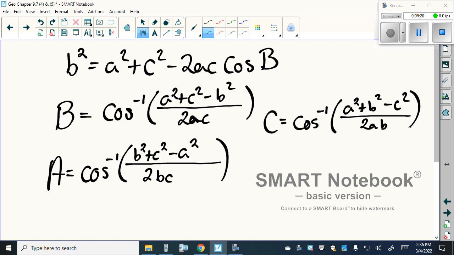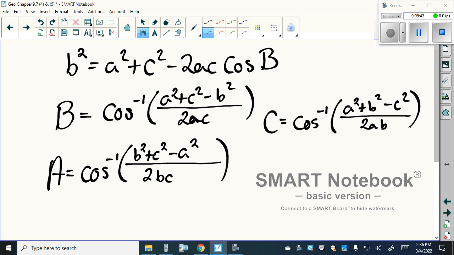In all of these, the side length opposite the angle we're looking for is the one being subtracted. So if we're looking for angle A, the side length opposite A is the one being subtracted on top, and it doesn't appear on the bottom.